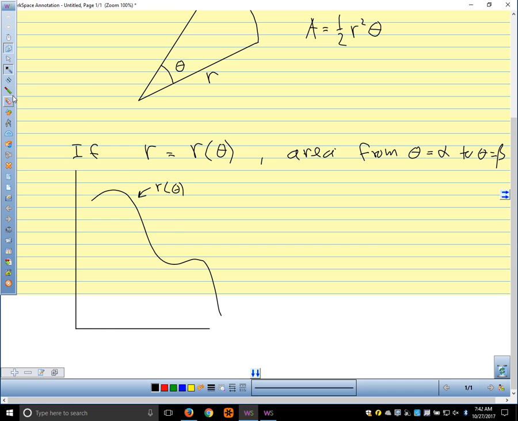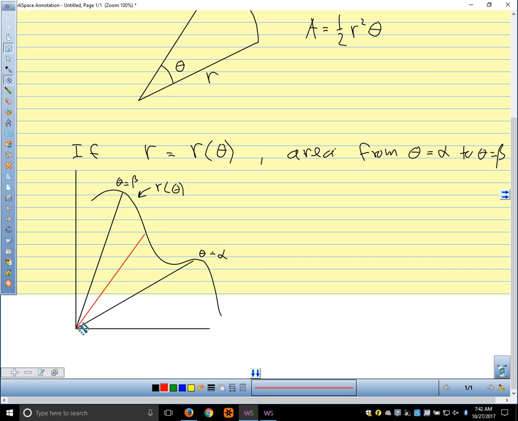We want the area enclosed by this from theta equals alpha to beta. So this is theta equals alpha, and here we have theta equals beta. What we're going to do is divide this into small subintervals, small little pieces.